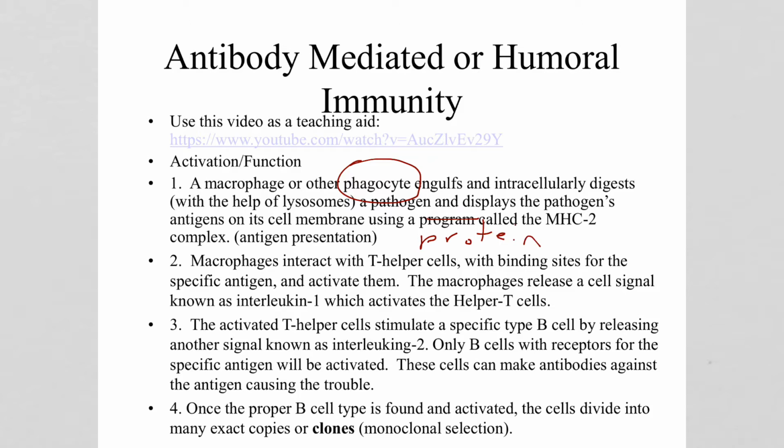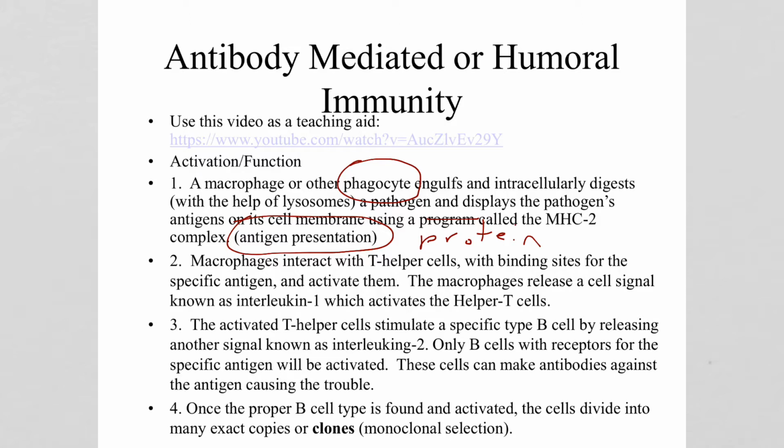And that process of taking the pathogenic antigens, pathogenic proteins, and displaying them on the macrophage's own cell membrane is called antigen presentation. And it's a type of signaling. The macrophage here is signaling other components of the immune system to the presence of this particular pathogen, and it's telling them to become active and help to eliminate that pathogen from the body.